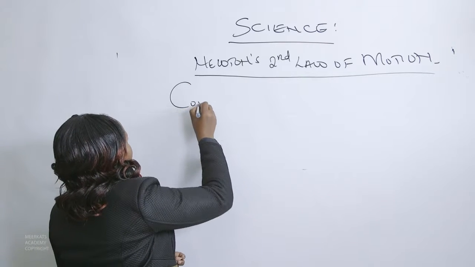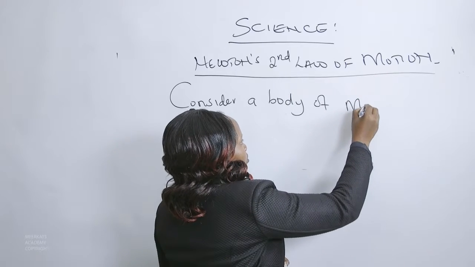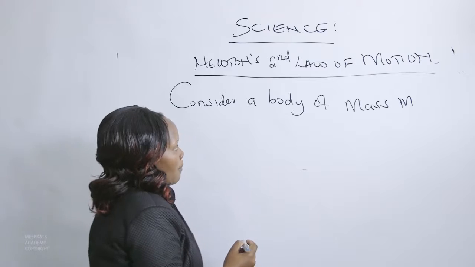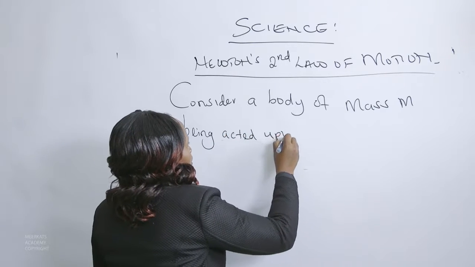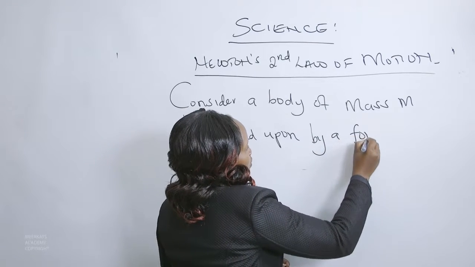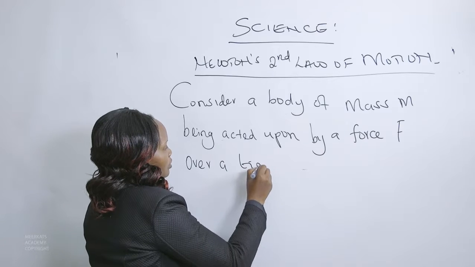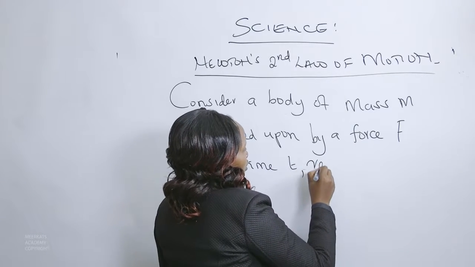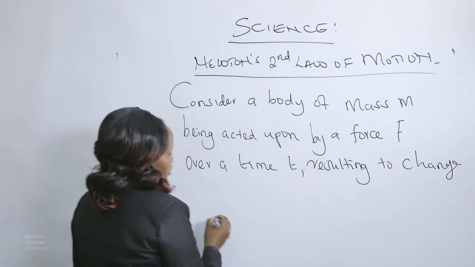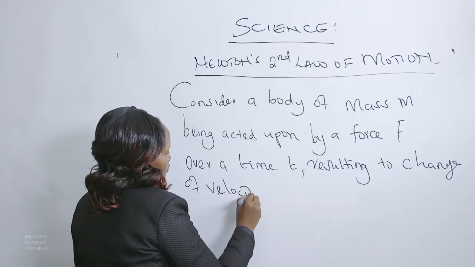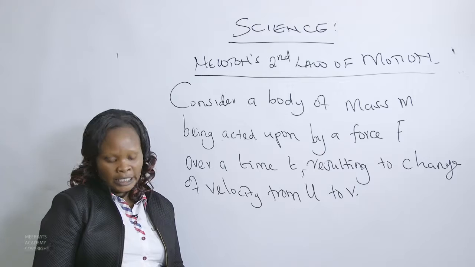Let us consider a body of mass m, being acted upon by a force F over a time t, resulting in change of velocity from u to a final velocity v.